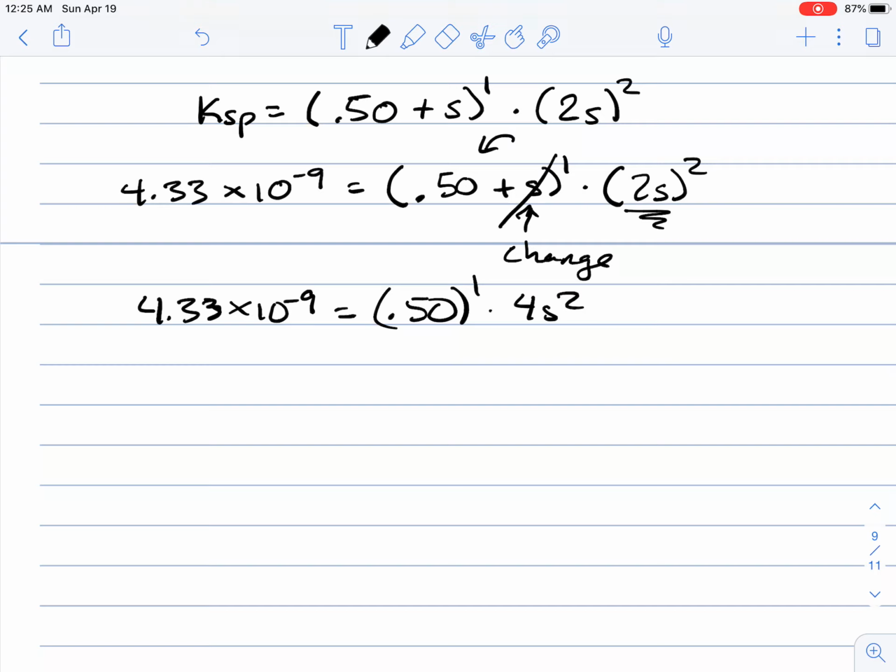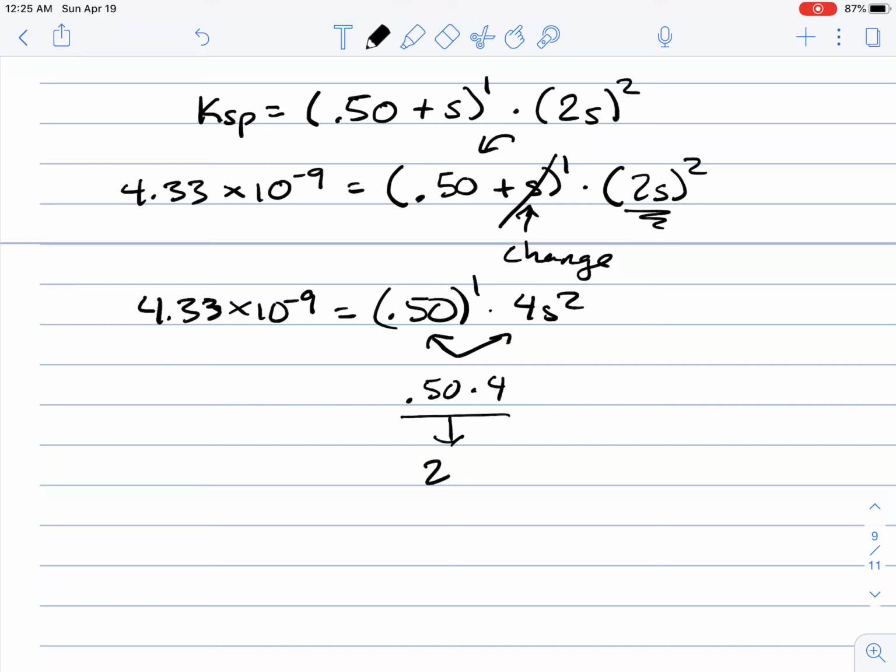Okay. And so I'm just going to go ahead and multiply these two. So 0.50 times 4, that's half of 4, which is 2.